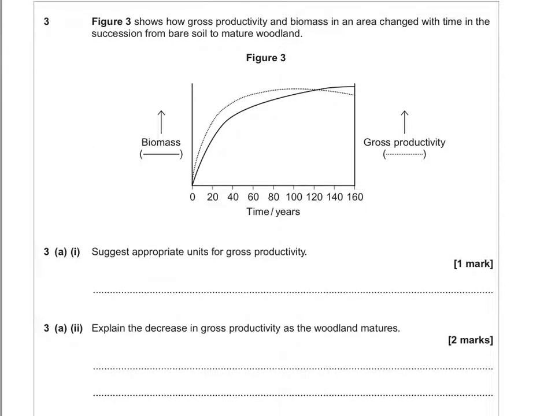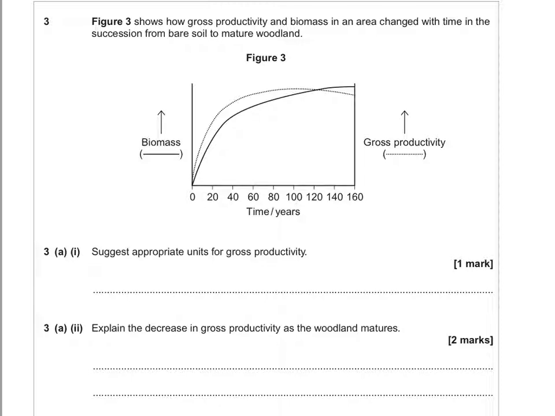Question 3 is looking at gross productivity and biomass, and they give you some information. And then 3AI suggests appropriate units for gross productivity. I have to say there were quite a lot of answers that were wrong, basically either missing units of mass or energy, or just energy, just mass, and just not very well done.